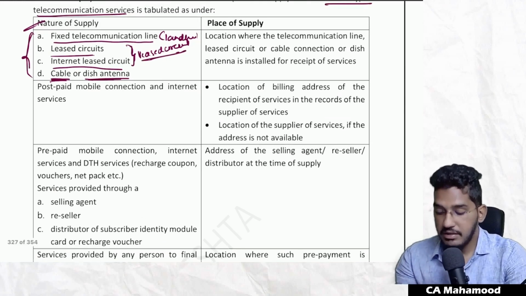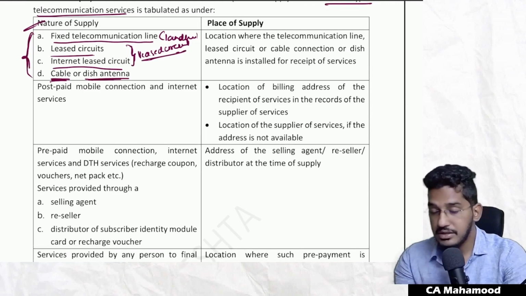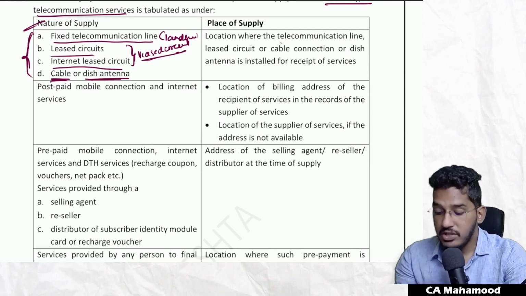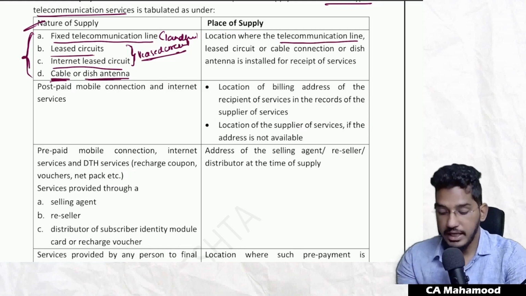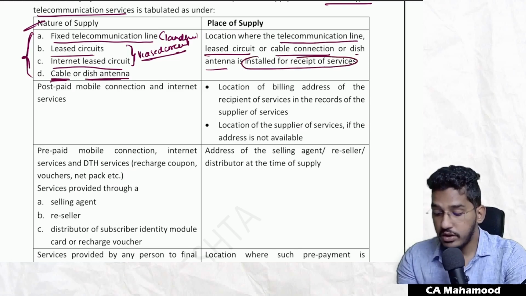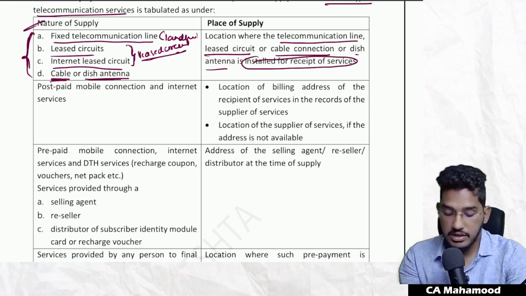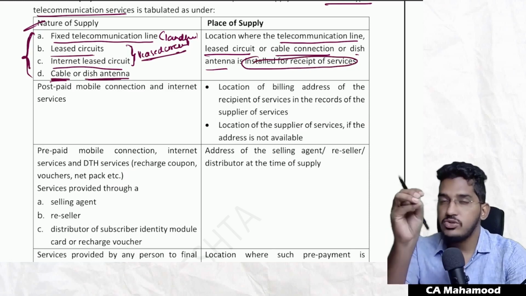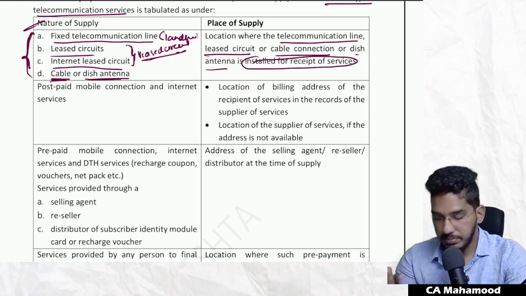So 12 subsection 11 says that in these kinds of activities, the place of supply will be the location where the telecommunication line, leased circuit or cable connection or dish antenna is installed for the recipient of services. Nothing but for these kinds of activities, the place of installation will be the place of supply.